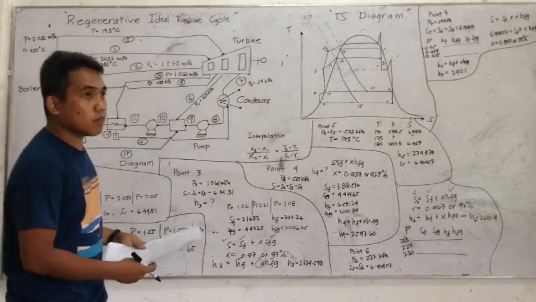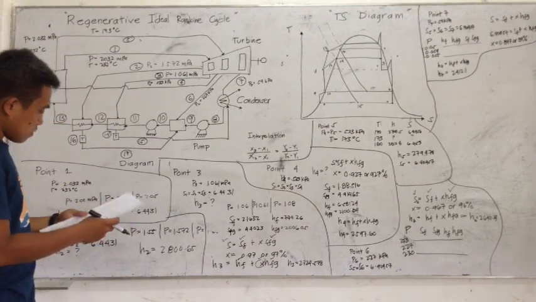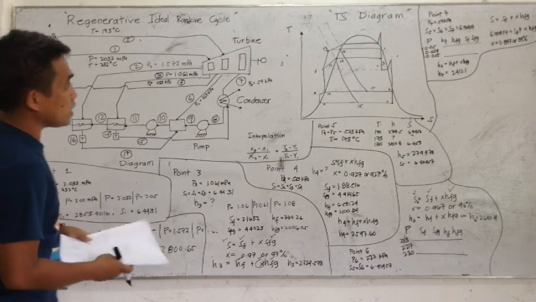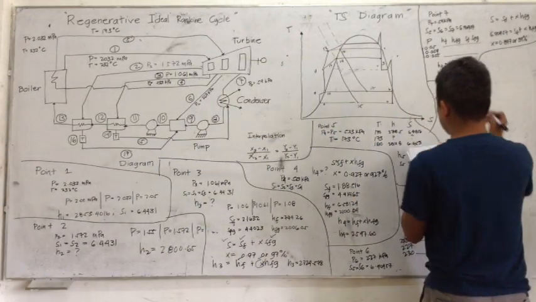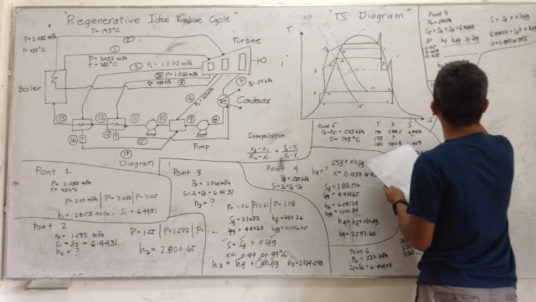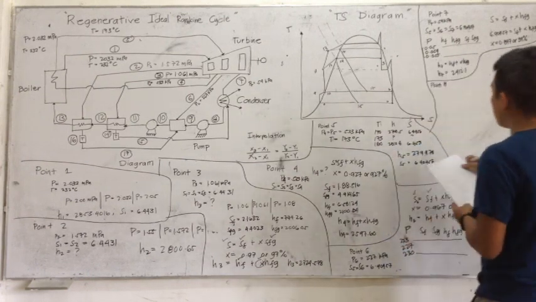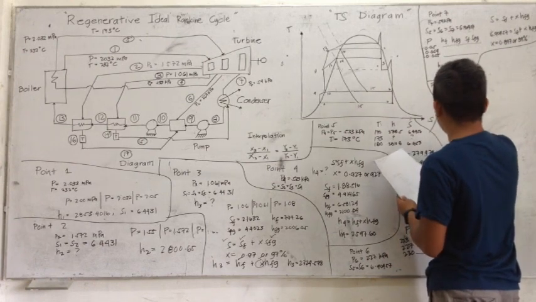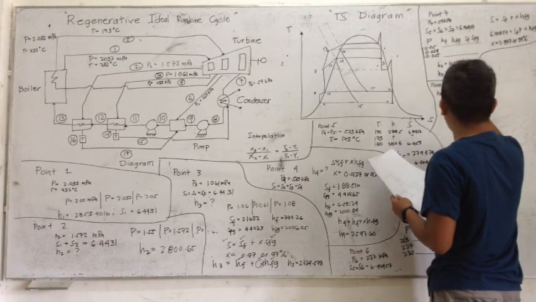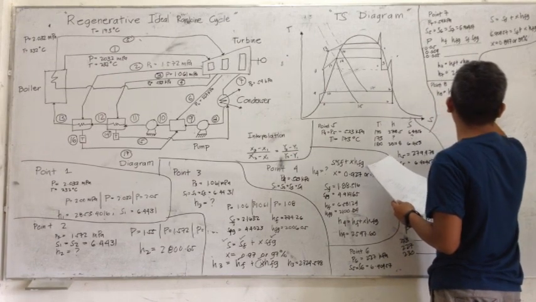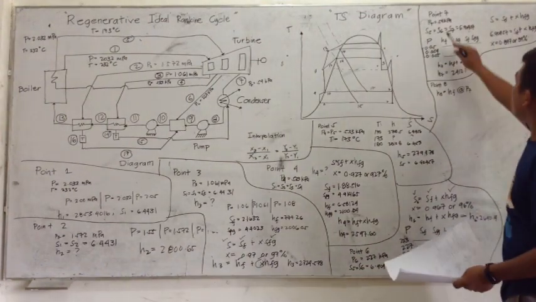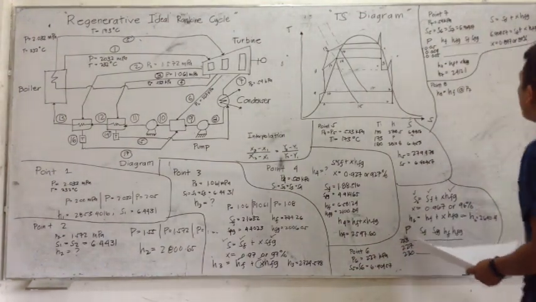So here at point 8, we can say that H8 is equal to HF at point 7. Back at point 7, we have a pressure of 54 kPa.